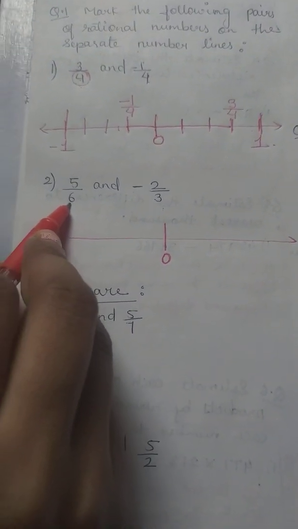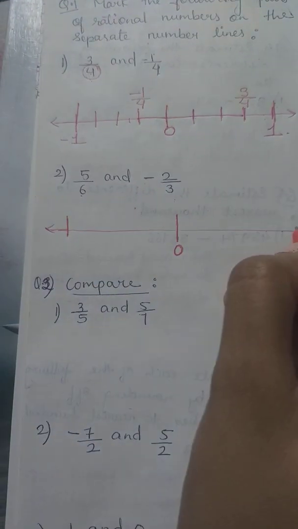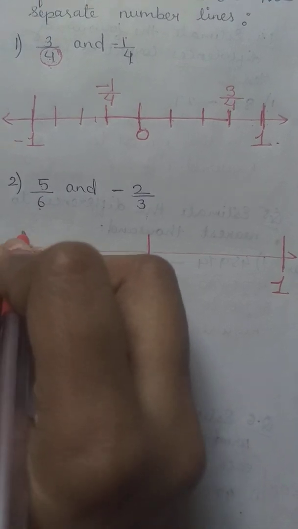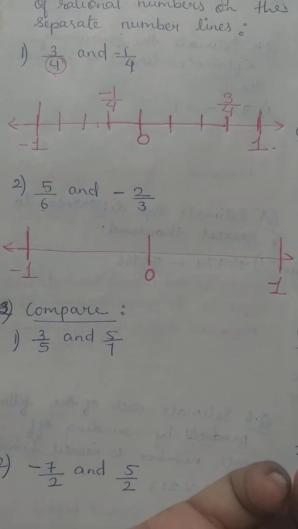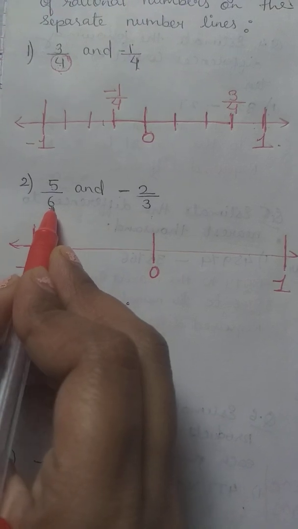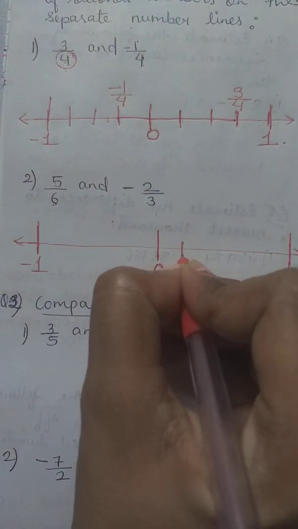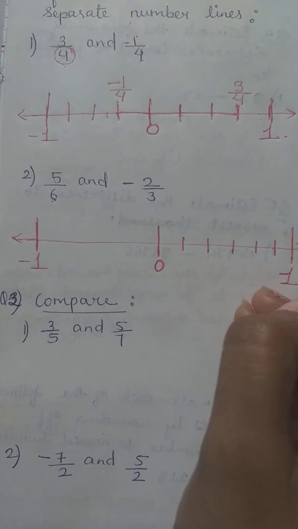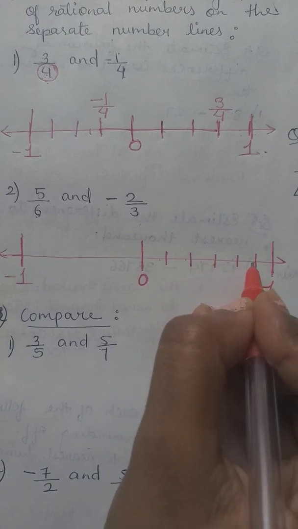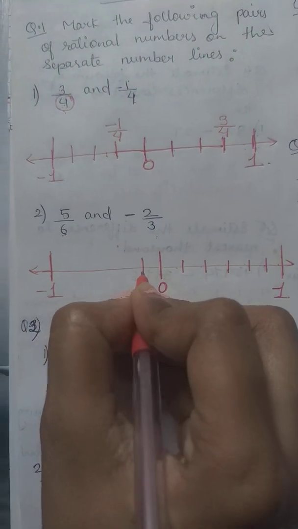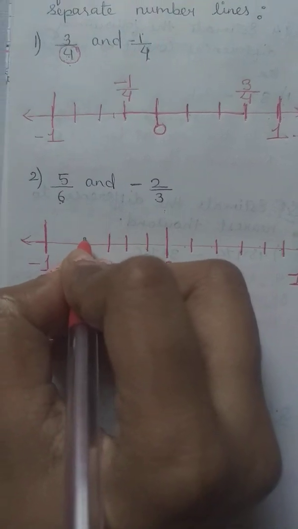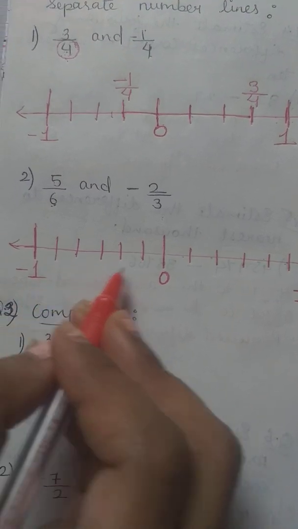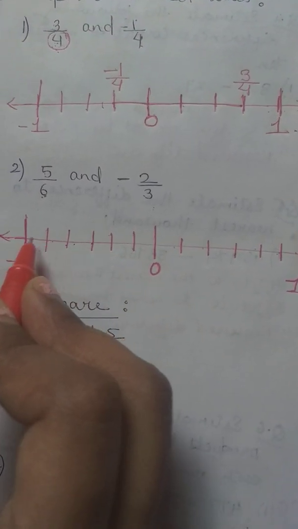The denominator is greater, so of course the number is between 0 and 1, and 0 and minus 1. Denominator 6, so 6 equal parts: 1, 2, 3, 4, 5, 6. Here the same: 1, 2, 3, 4, 5, 6 equal parts.